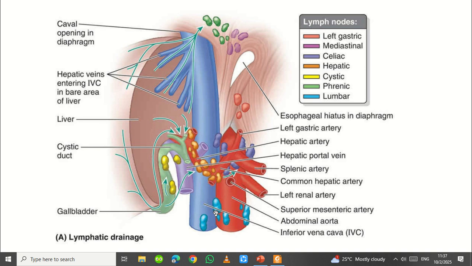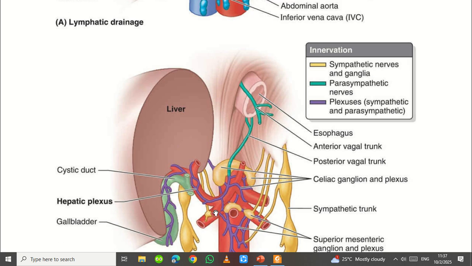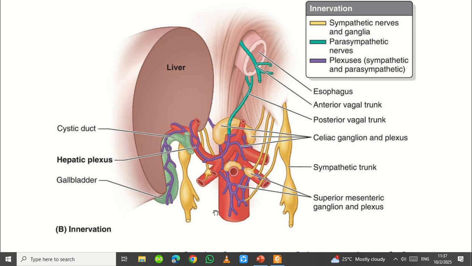Let's take a look at the innervation, the nerve supply to the liver. Right, good. So your liver is going to receive parasympathetic and sympathetic innervation, right? The sympathetic innervation is going to come from the celiac plexus, and the parasympathetic is going to come mainly from the anterior vagal trunk.